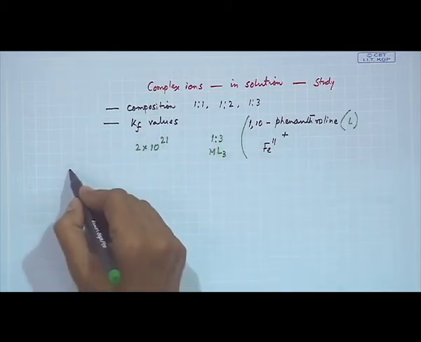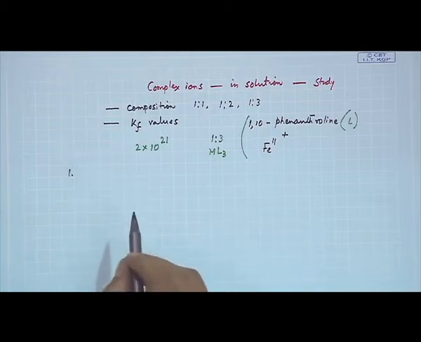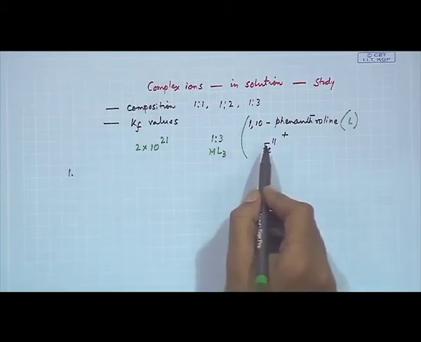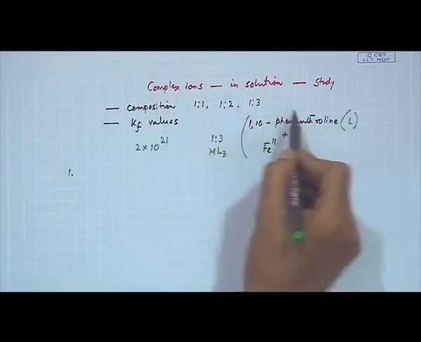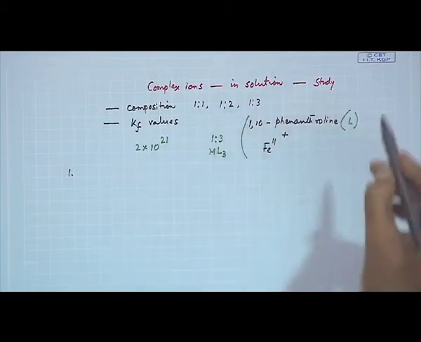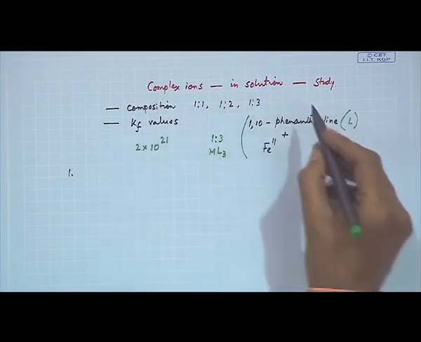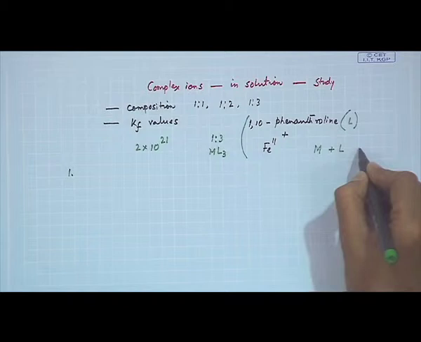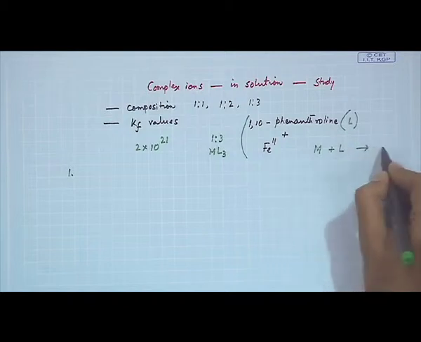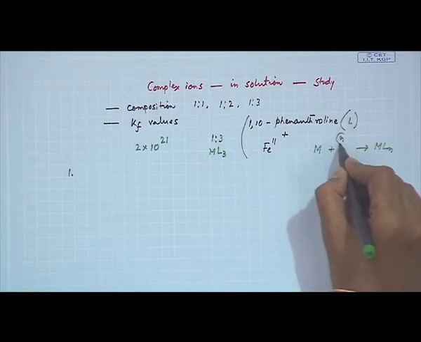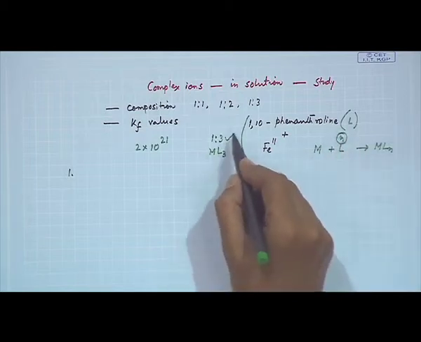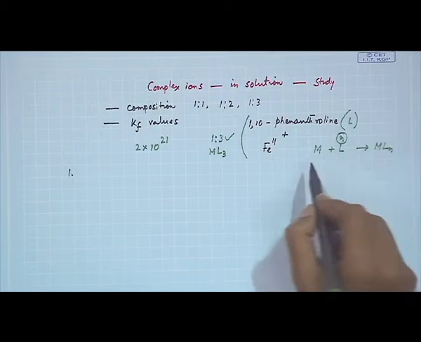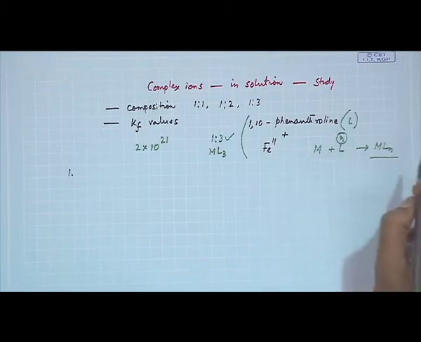So, we can follow 3 different techniques basically, where we can monitor the absorbances and how the composition is changing. That means, in the titrations with M plus L forming some species MLN, what is the value of this N? This is 1:3. So, this is giving rise to some complex.